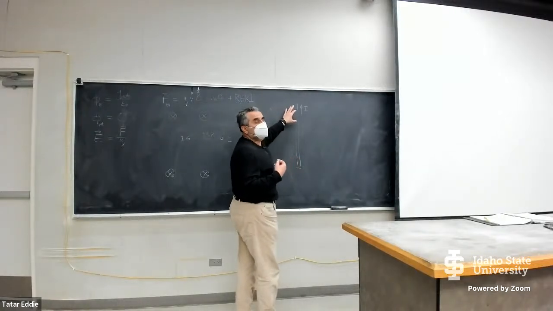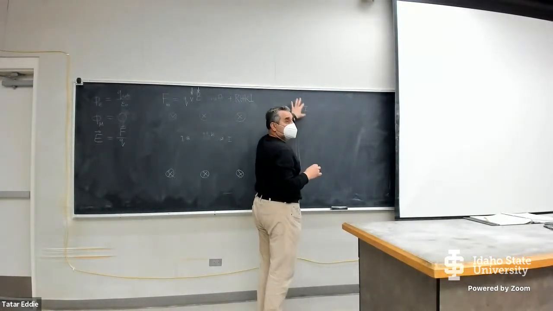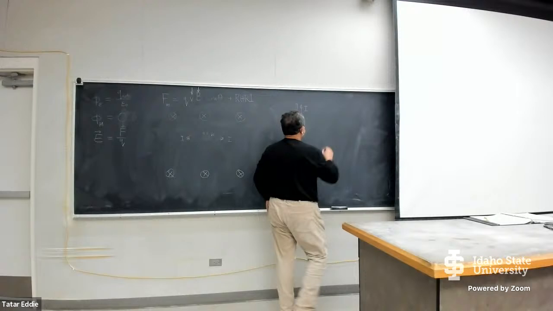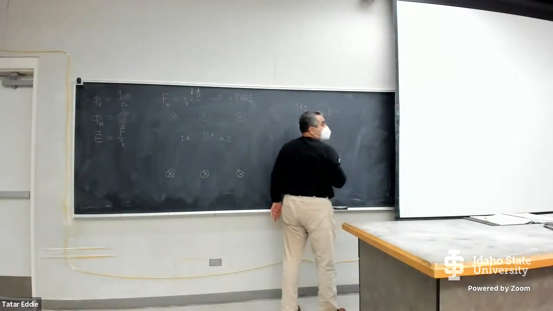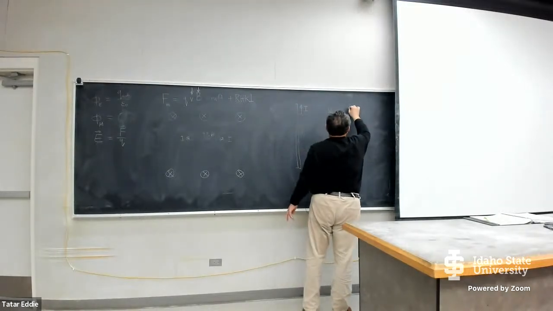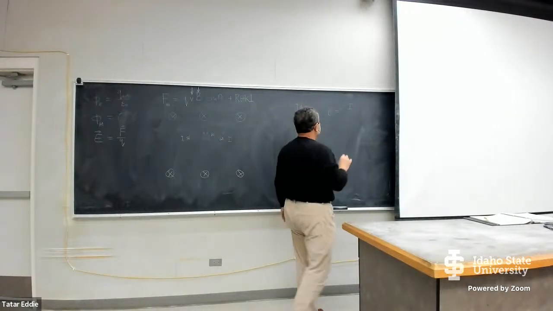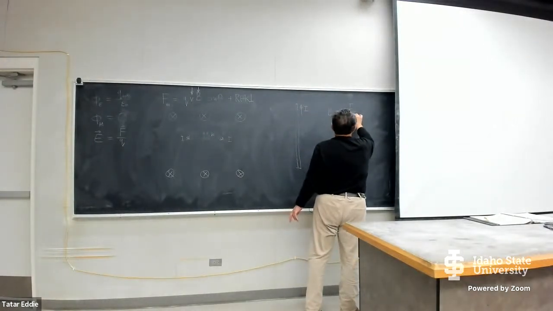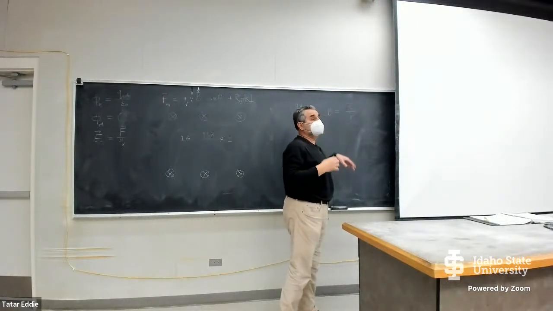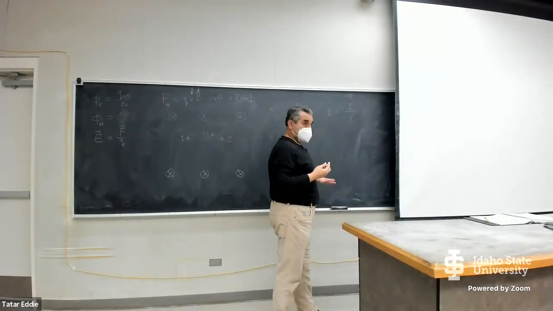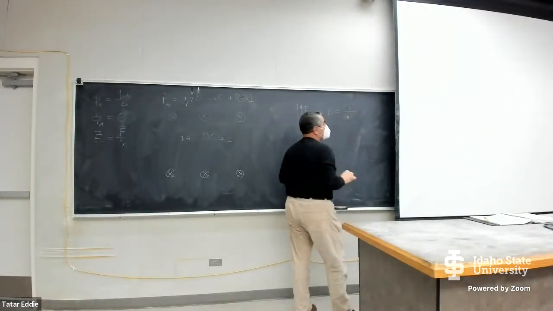Right? You're closer to the source, you better have a stronger magnetic field closer to the source. And you can demonstrate that the magnetic field created by this current in this long piece of wire is given with the following expression. B is proportional to the magnitude of the current, inversely proportional to the distance from the current. So the farther away you go, the magnetic field gets weaker. There is a coefficient of 2 pi in the denominator.